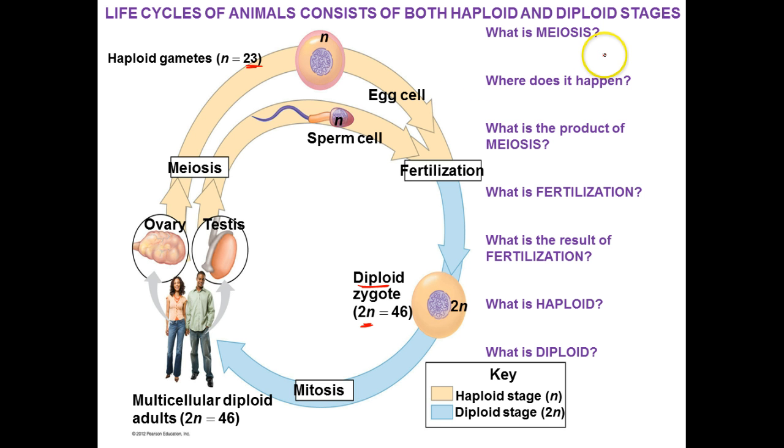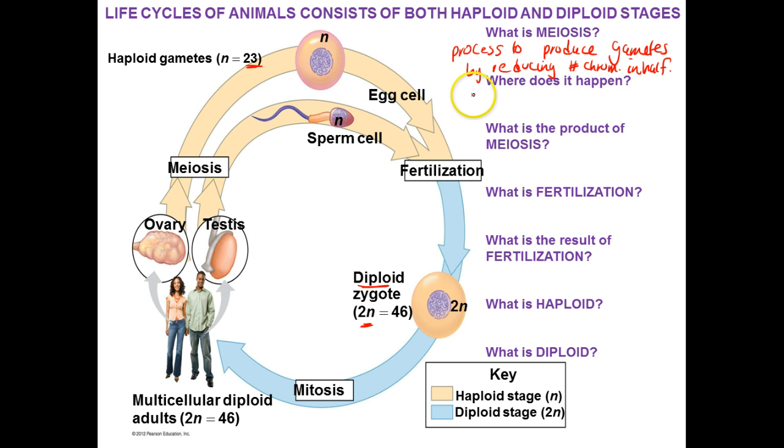So meiosis is the process to produce gametes by reducing the number of chromosomes in half. Okay, and where does it happen?